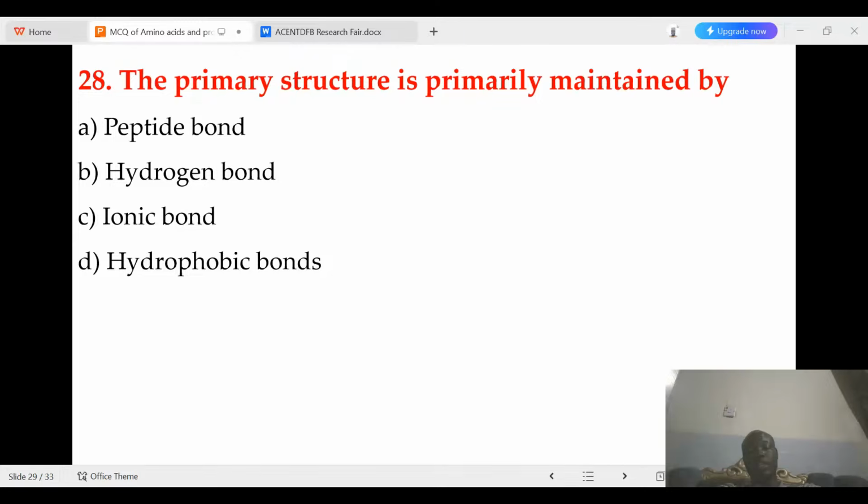Please, what is the answer for question 28? No answer. Question 28. The primary structure is primarily maintained by peptide bond. Excellent, excellent.